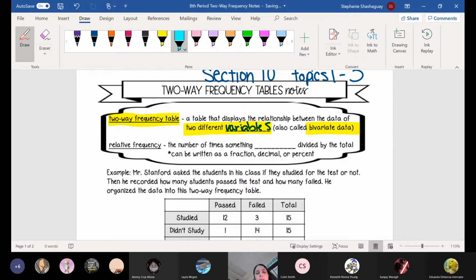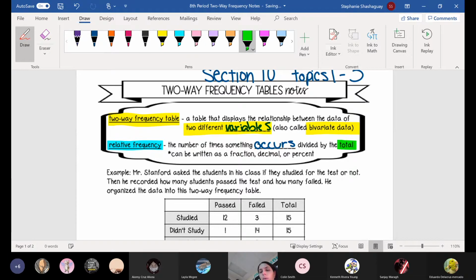When we're dealing with two-way frequency tables, we're also usually talking about relative frequency. And relative frequency is the number of times something occurs divided by the total. So it can be written as a fraction, decimal, or percent.